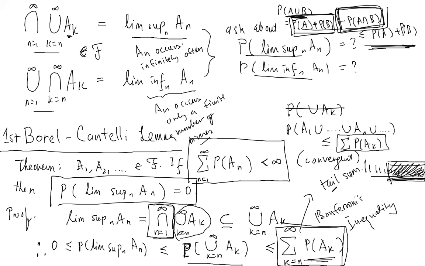Now, this is where your hypothesis comes in. Your hypothesis says if your sum is convergent, then what will happen to the tail sum?